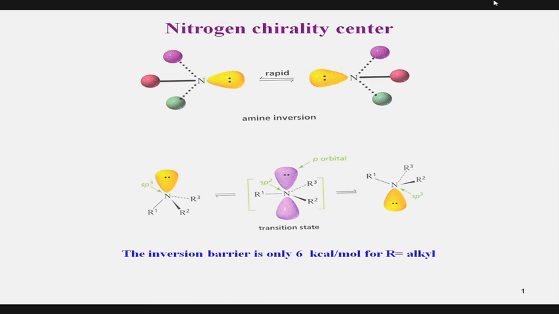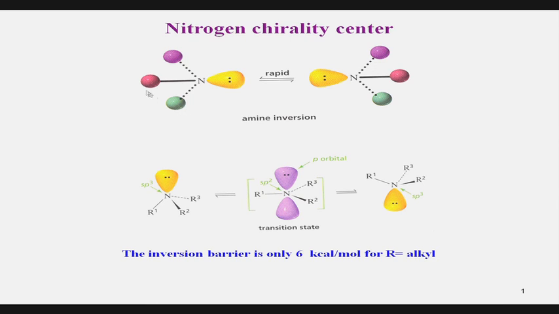Now, if you take trivalent nitrogen, the geometry is a trigonal shape, but the whole structure is tetrahedral, because you have to consider the lone pair also. So, if we consider the lone pair as the fourth ligand, then you have the other three ligands.